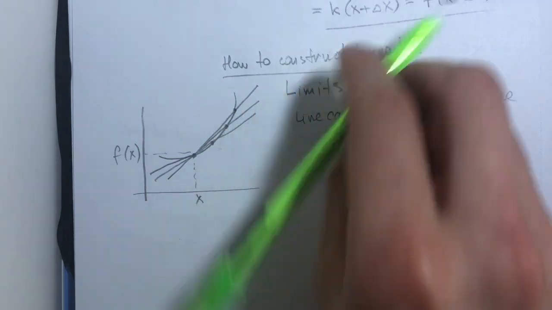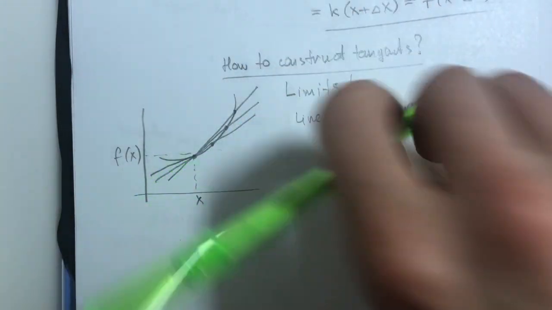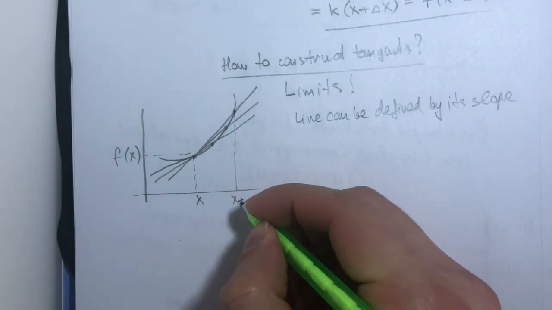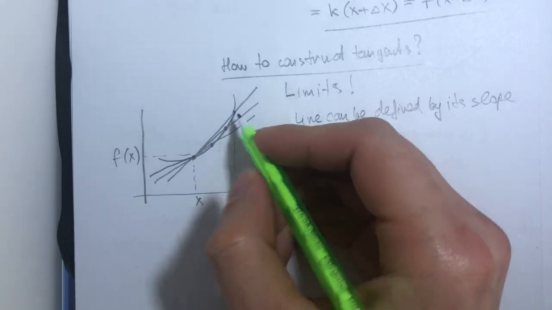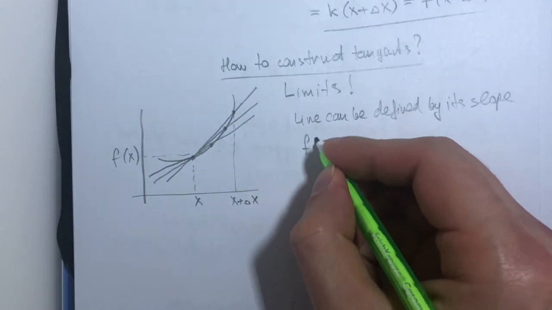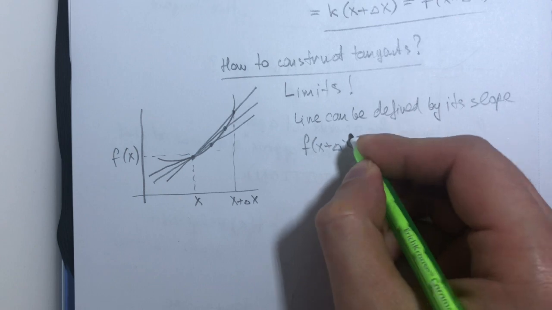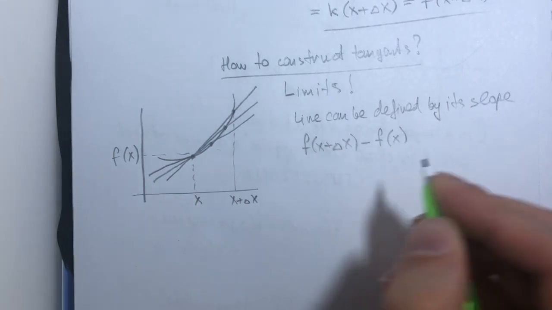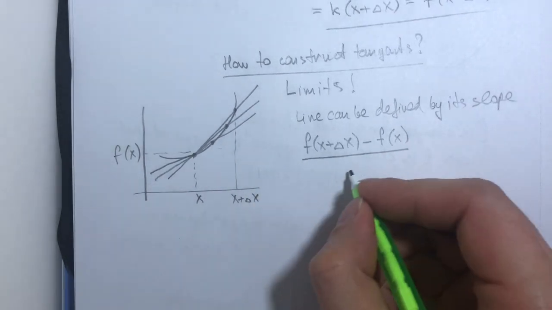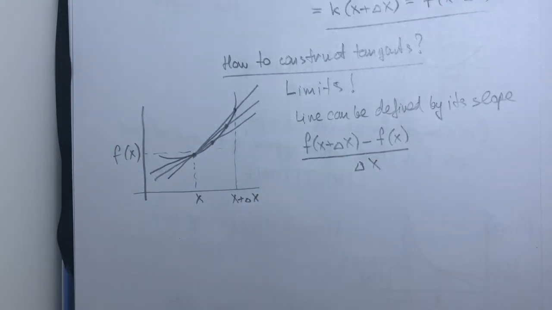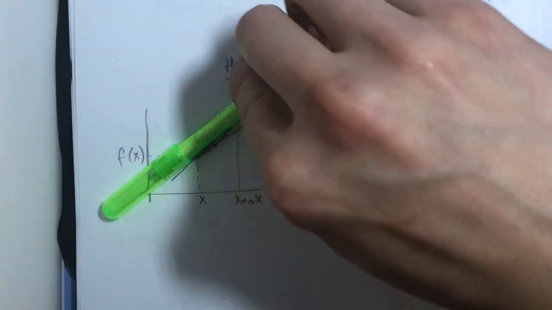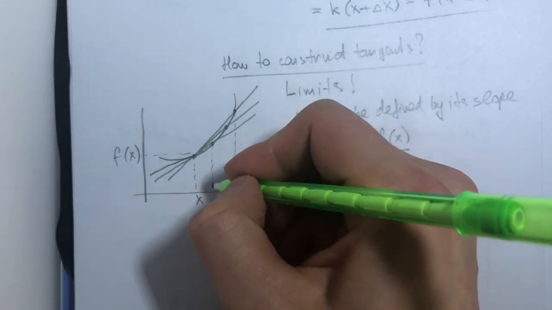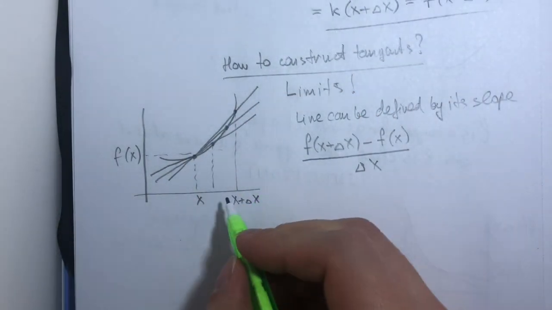So let us calculate the slopes of these secant lines. So if we have x plus delta x here, then the slope of a secant line is, by well-known formula, f of x plus delta x minus f of x over difference in x, delta x, right? So now, remember, we take this point closer and closer, so we shrink the delta x increment.